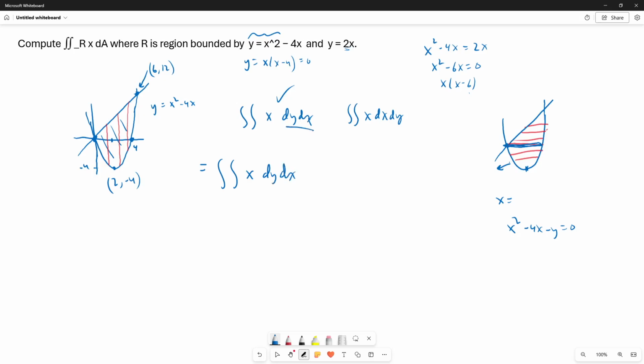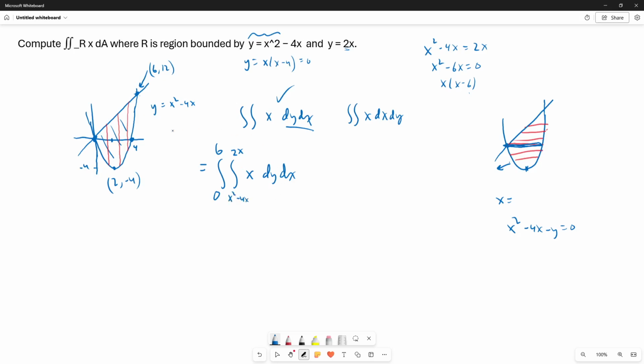We've chosen this order. That's an important part of this problem. One order is much more convenient than the other. The x values go from 0 to 6, and the y values go from the parabola to the line, so from x squared minus 4x to 2x at the top.